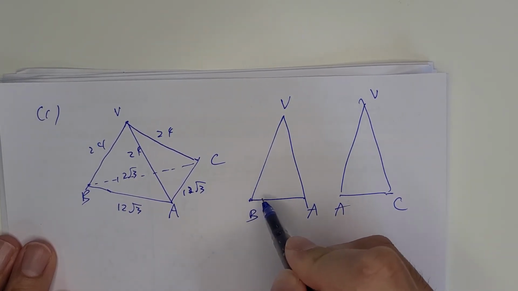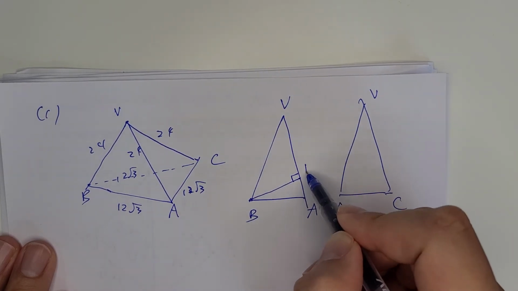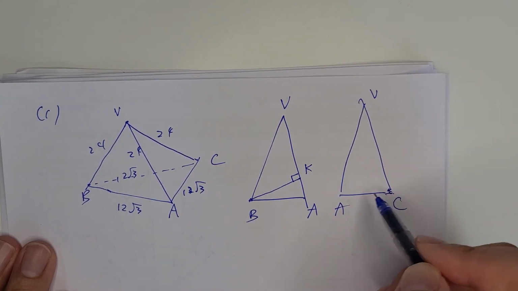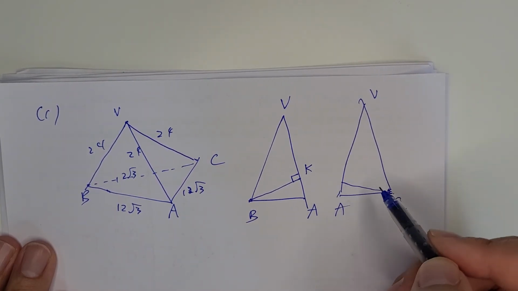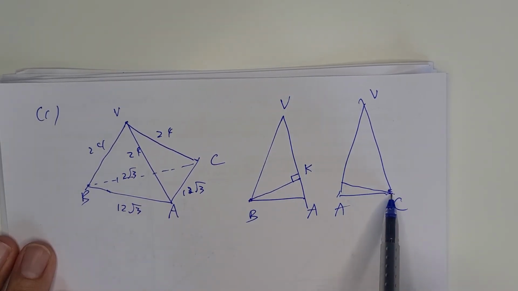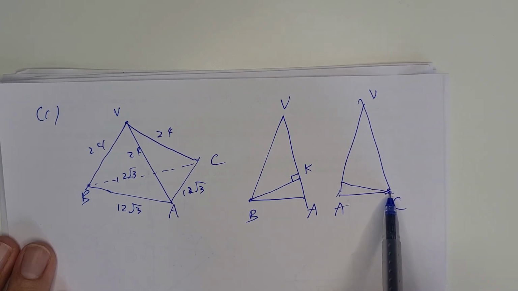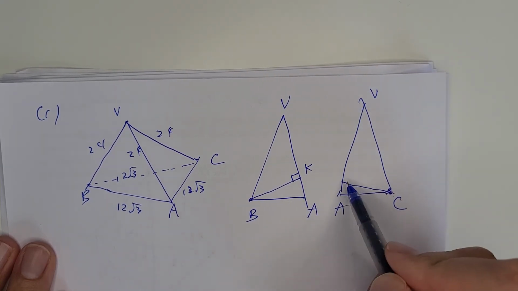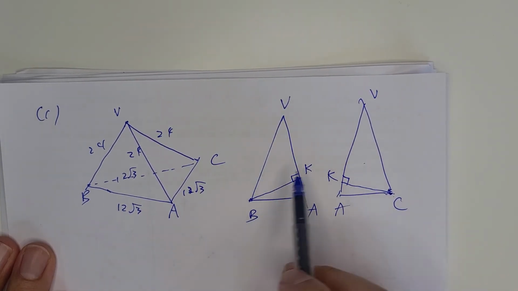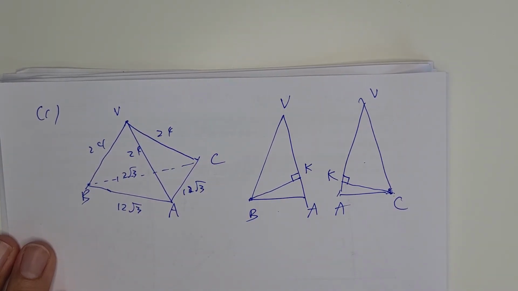So starting from B, we draw a perpendicular line here. We call this point K. And also, we draw the perpendicular line from C to VA. You will see that since these two triangles are congruent, when you draw the perpendicular line from C to VA, it will meet with K, because they are congruent and also isosceles triangles.